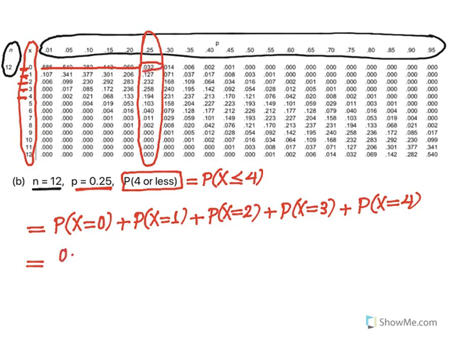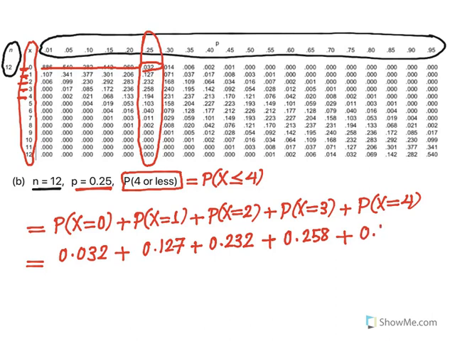So I will put here 0.032 plus, notice that 1 is the one right under it, 0.127 plus probability of x is 2 is 0.232 plus probability of x is 3 is 0.258 plus the last one, probability of x equals 4 is 0.194. And if you add up these numbers on your calculator, you should get 0.843.